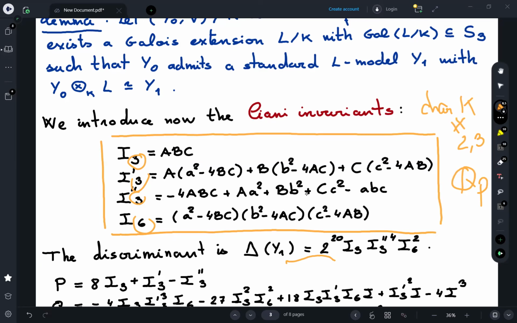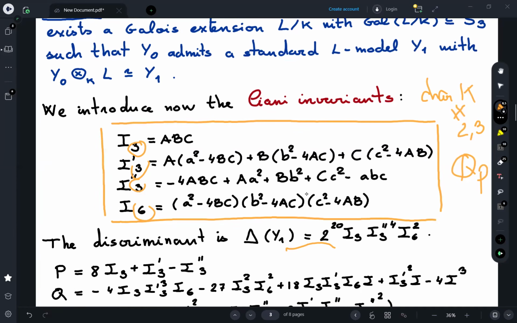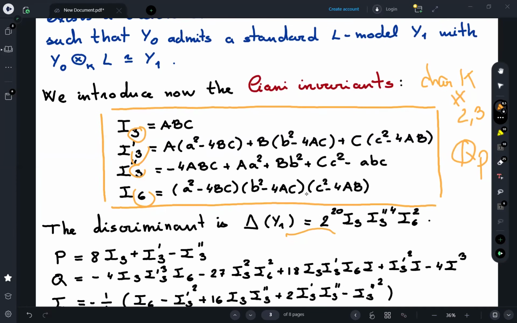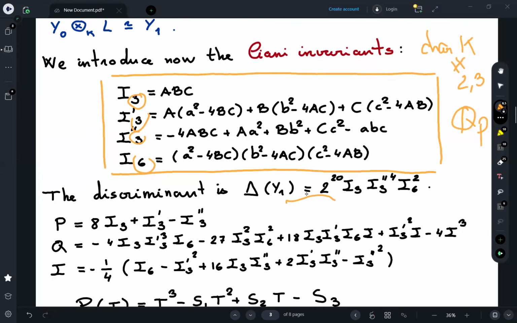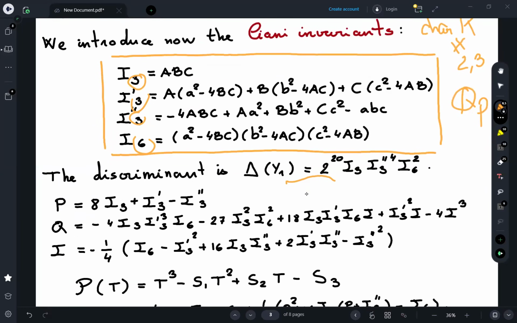You can define the discriminant to be this product of elementary invariants. You can define the invariant P, that is the sum, that will play a role later on. You can define the invariant Q, that again will play a role later on and is this combination of invariants. There is a new invariant I here, which is just a polynomial in the other invariants.